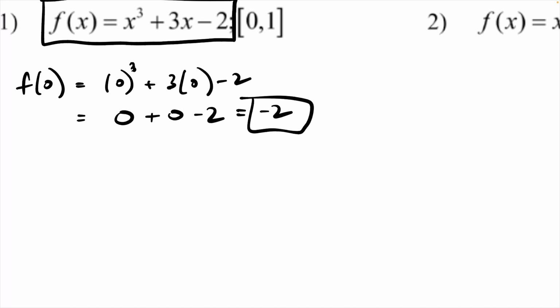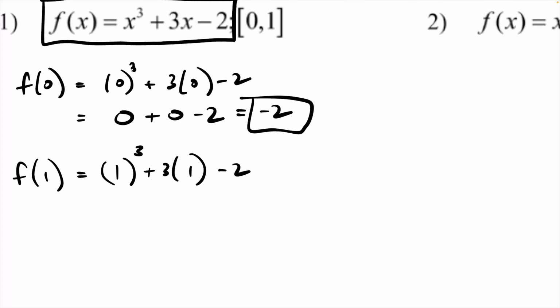So let's see, where was I at 1? Was I above or was I still below? 1 plus 3 minus 2, positive 2. So at 0, I was at negative 2, below the x-axis.